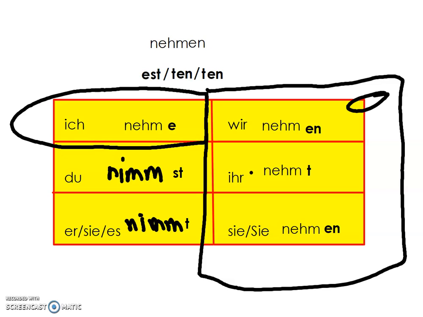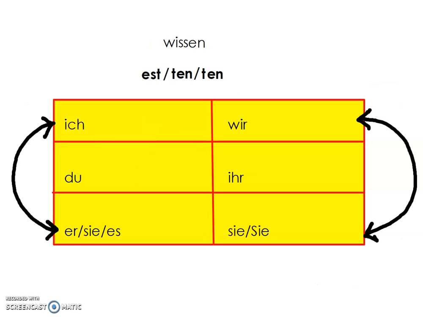We do have one irregular verb that is a little different from this meat cleaver shape, and I'm going to introduce that to you now. Wissen is our one irregular verb that doesn't follow this meat cleaver pattern on our irregular verbs list in this unit. There are other irregular verbs that will follow this pattern later on, and other types of verbs that will follow this, but for now this is the only verb that will follow this.